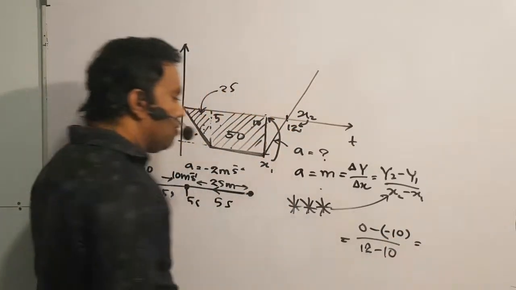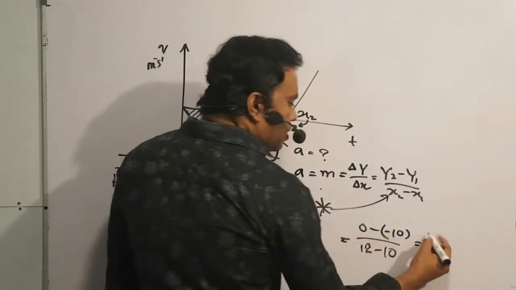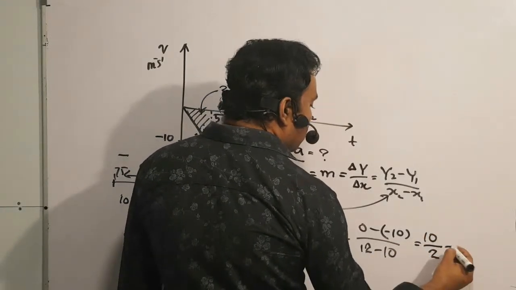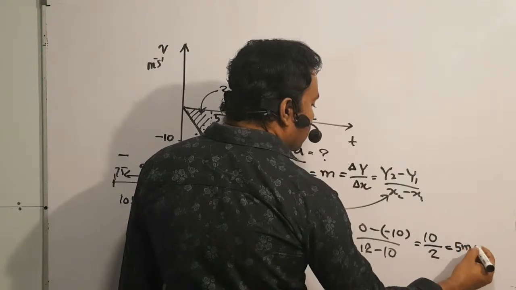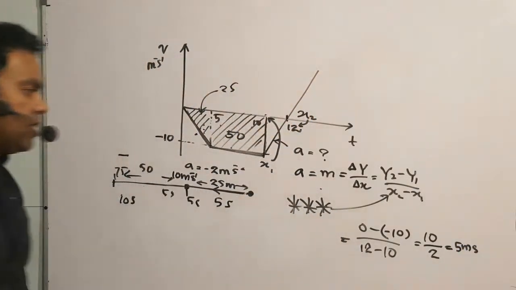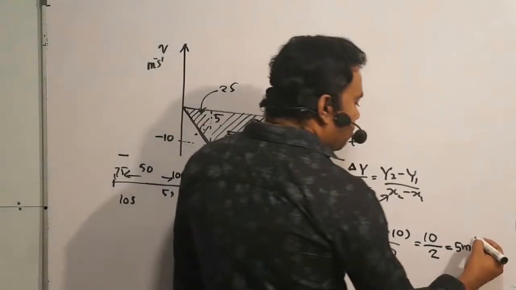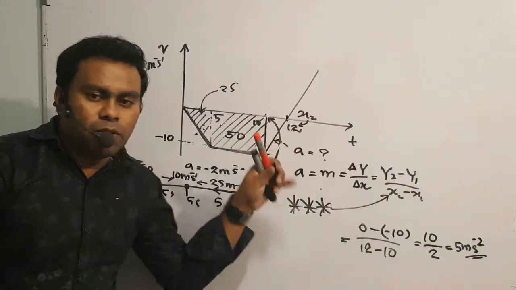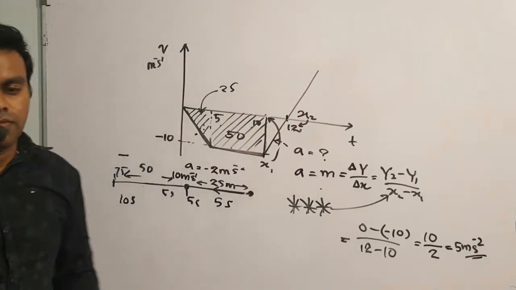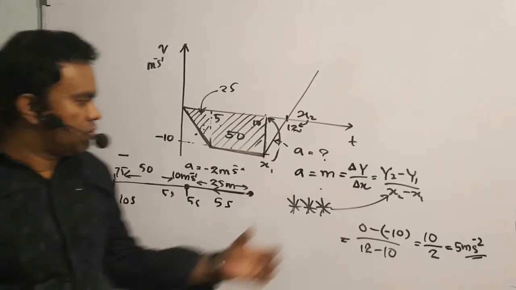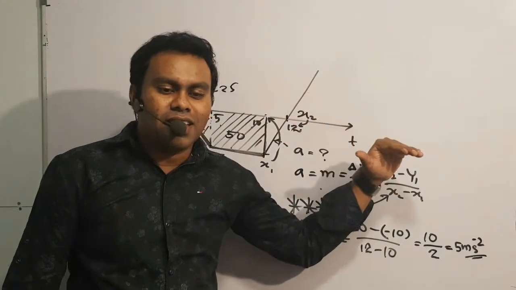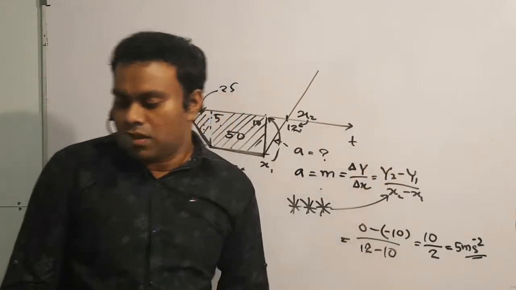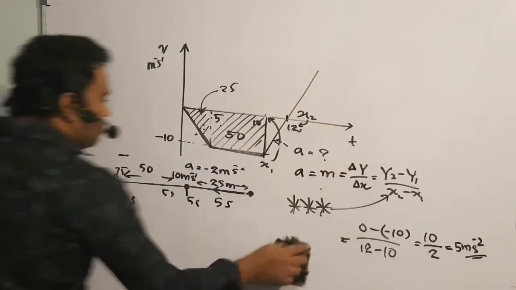So minus minus, that's plus 10 over 12 subtract 10, that's 2. So that's 5 meters per square second. That's how you calculate the acceleration when there is this type of negative slope. I taught this thinking it was already done, but I remembered and thought someone might not know it, so I gave it. We have prepared these properly. Good.